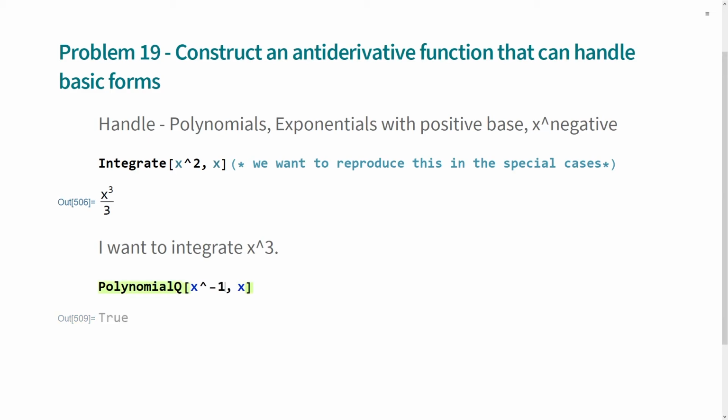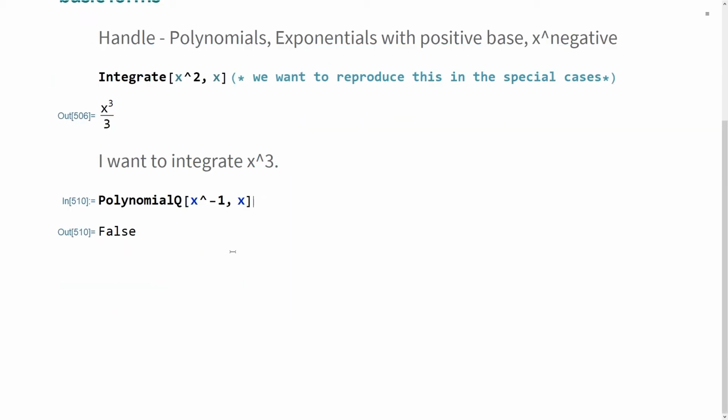Is x to the -1 a polynomial in x? No. Okay. So PolynomialQ will tell us if we have something of the form x to the n. And that matters because there are some cases where you can't read off an exponent. So an x all by itself doesn't have an exponent, so you can't use pattern matching to take care of that case. So let's use PolynomialQ to set up an integrate function that will integrate for us.